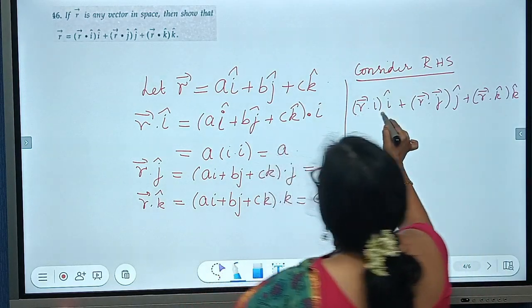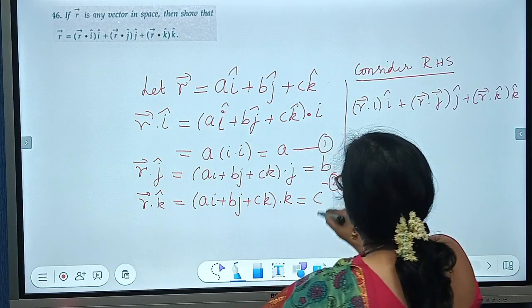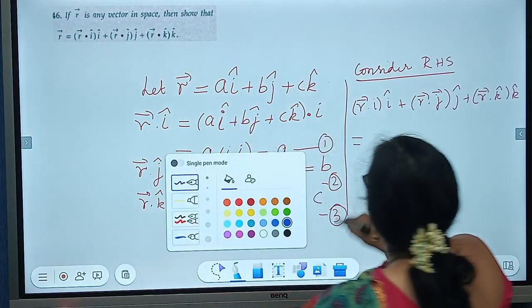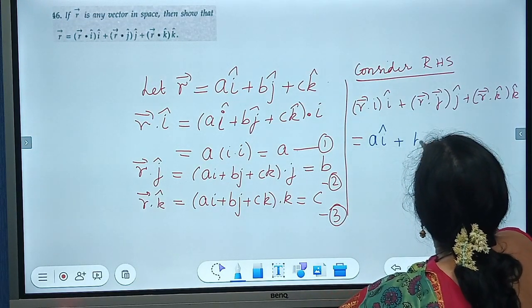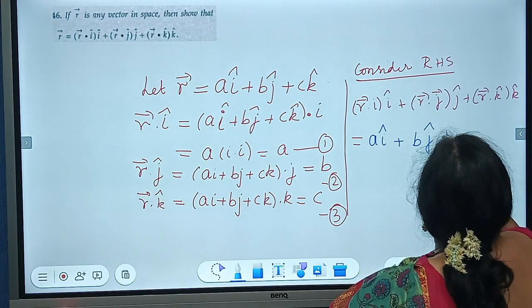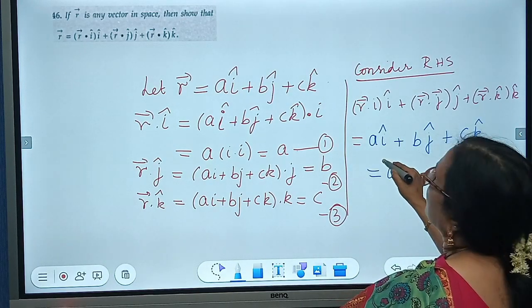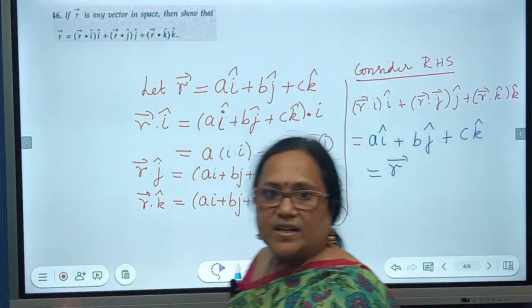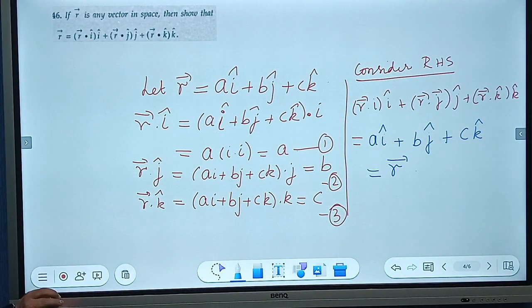We have found r dot i is a, so ai. R dot j is b, so bj. R dot k is c, so ck. Now what is this? This is nothing but your r vector. So r vector, any vector in space, can be written like this: r dot i times i vector plus r dot j times j vector plus r dot k times k vector.